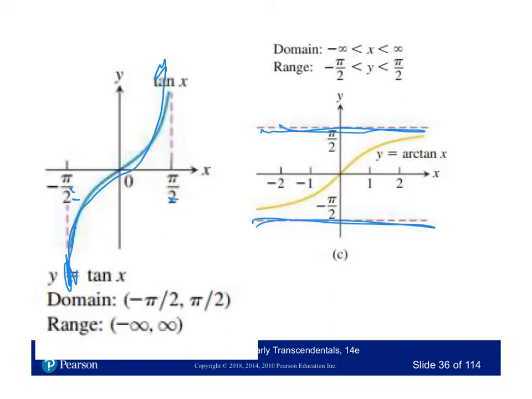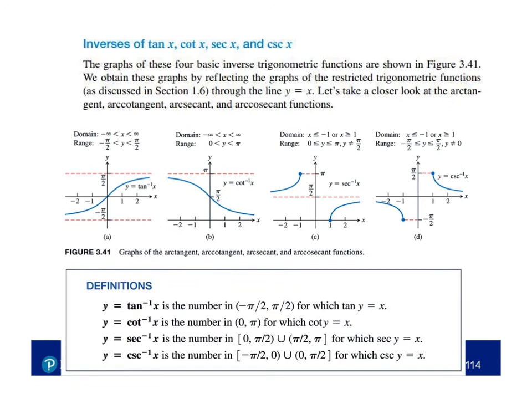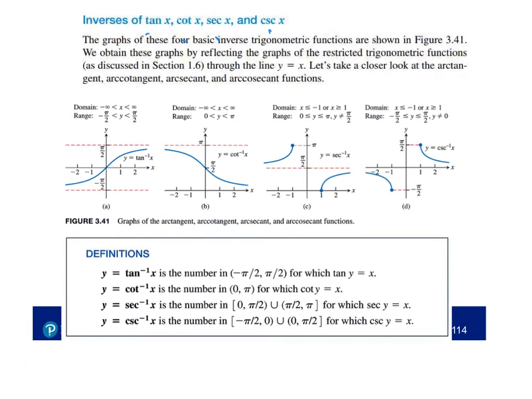And my range, which goes from -infinity all the way to infinity, becomes my domain -infinity to infinity of my arc tangent. This is purely a full review of what you would have had in pre-calculus. All right, and there's a whole page highlighting the tangent, the cotangent, secant, and cosecant in your book. You can study this if you want, but that's not calculus. That's pre-calculus.